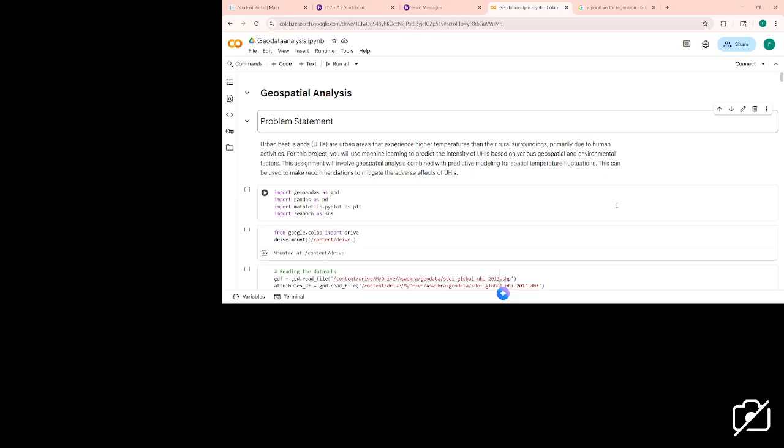We also used a decision tree classifier and support vector regression, a type of support vector machine.